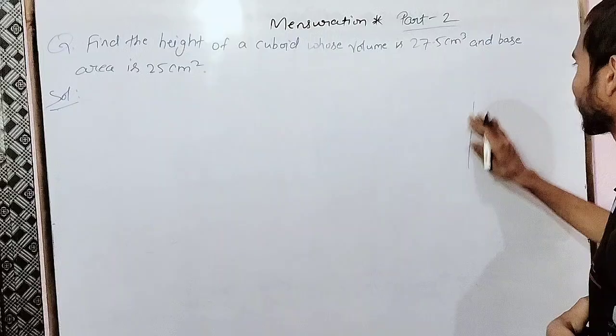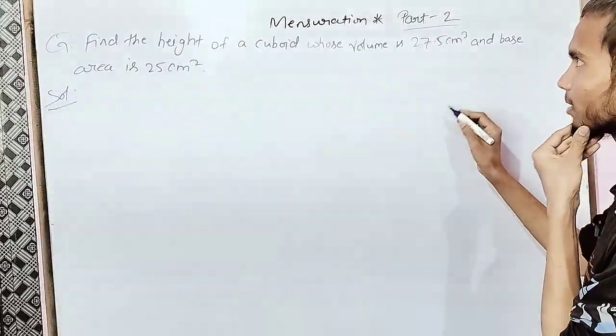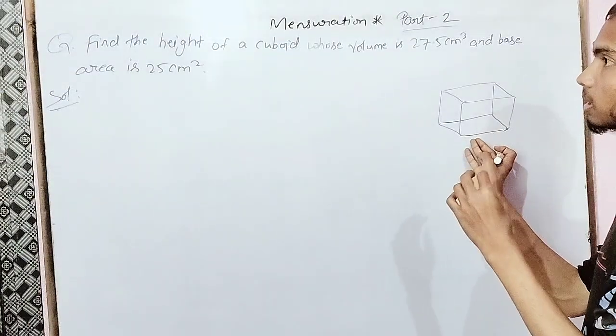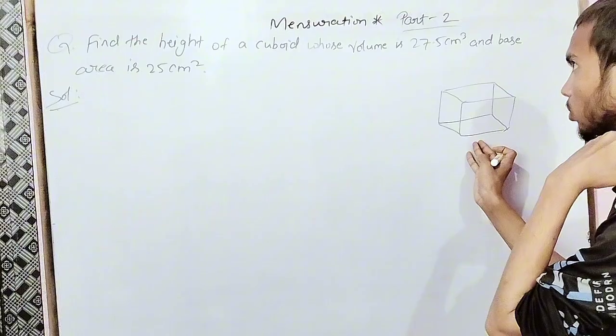First of all, let's draw. This is a cuboid. What is the question saying? It is saying the volume inside the space is 27.5 centimeter cube, but the base area is how much? The base area is 25 centimeter square.